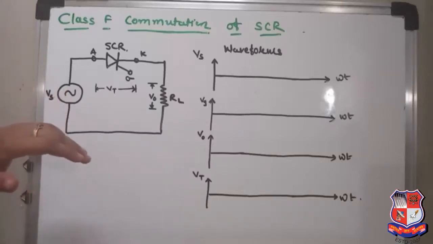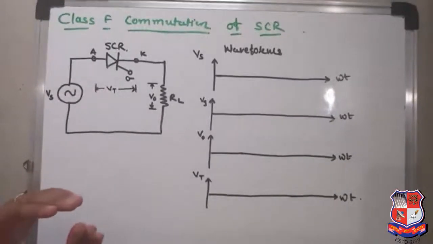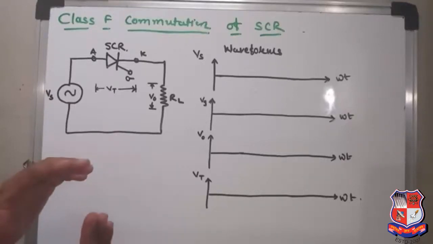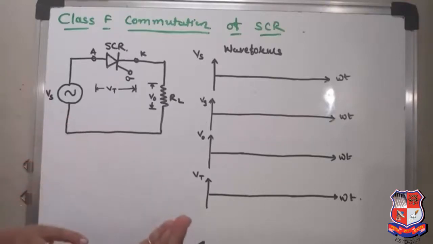Now what is commutation? As we know, the process of turning off an SCR or a thyristor is called commutation. There are basically two types of commutation: natural commutation and forced commutation.